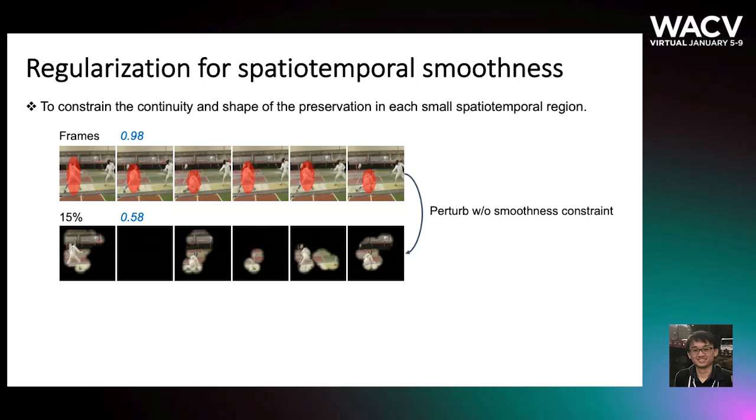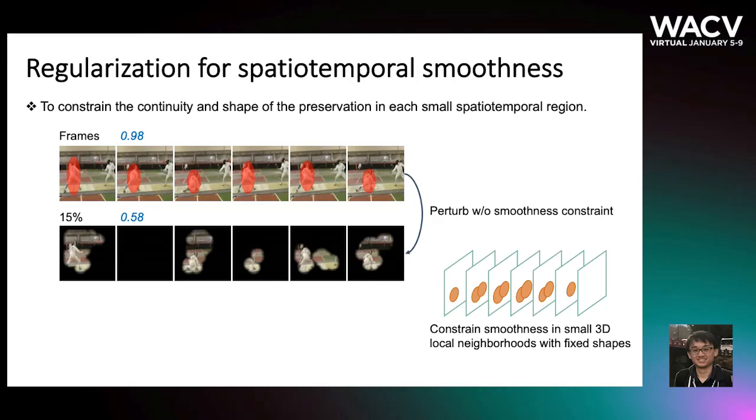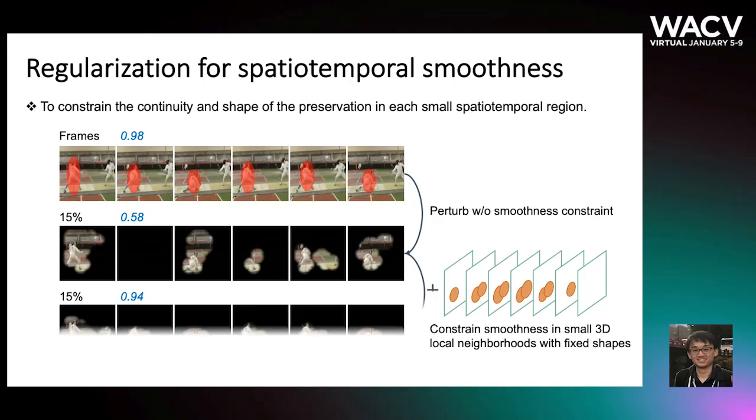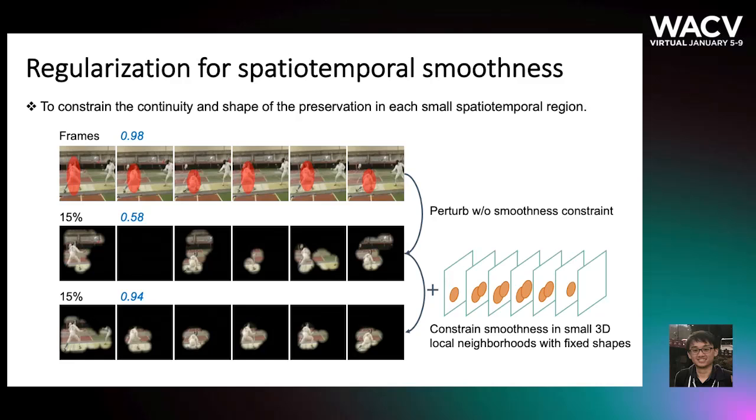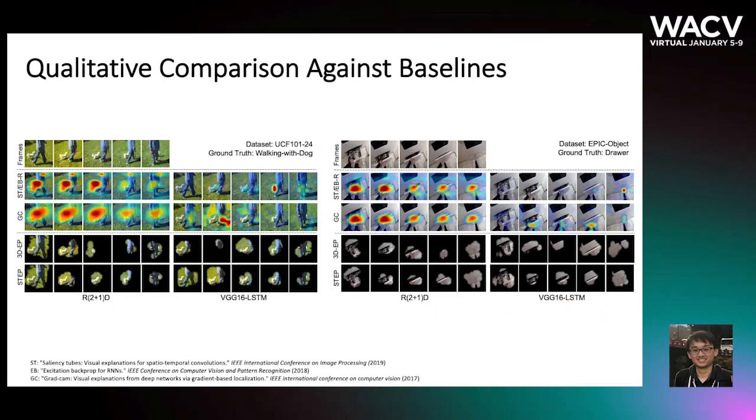To overcome the challenge, instead of regularizing the shape in a whole, we decompose the preserved regions into small elements with a fixed shape and then ensure the smoothness in each small local neighborhood. The result after using the regularization item comes to this. We can see it is coherent, and the prediction accuracy is also retained.